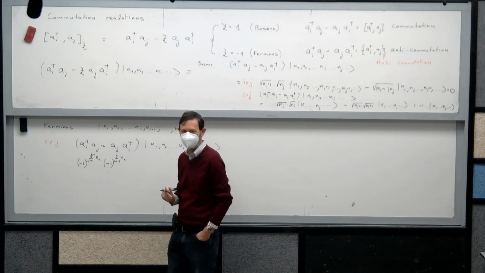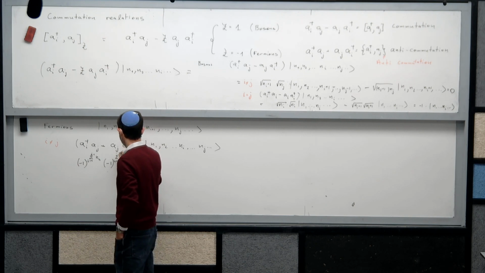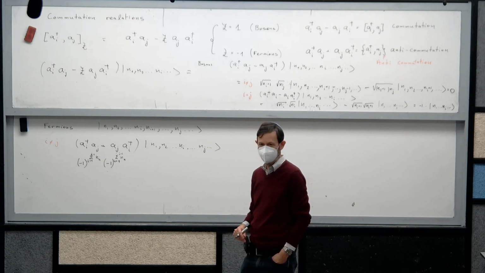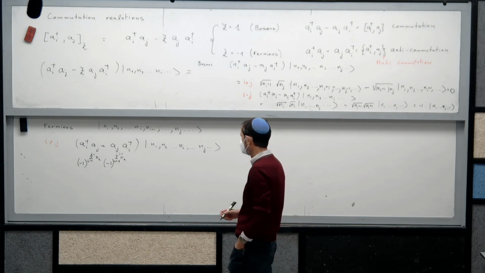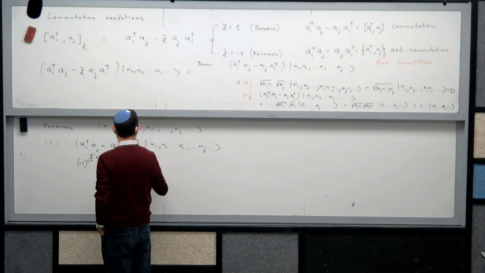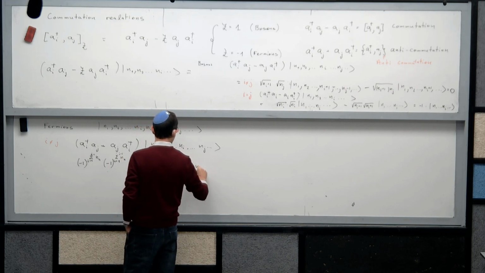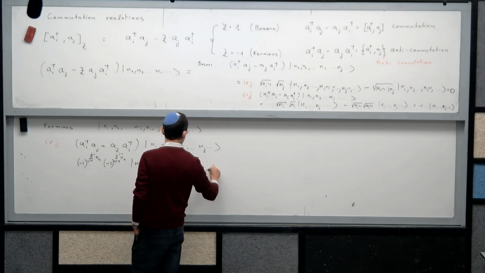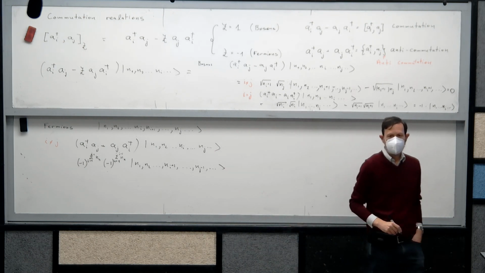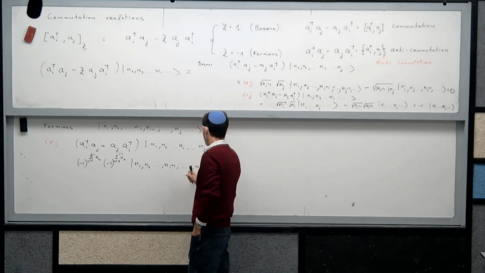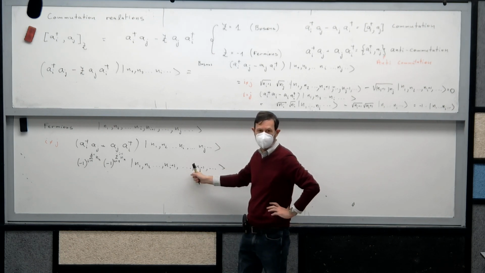Question? Okay. What happens here if n_j was equal 0?